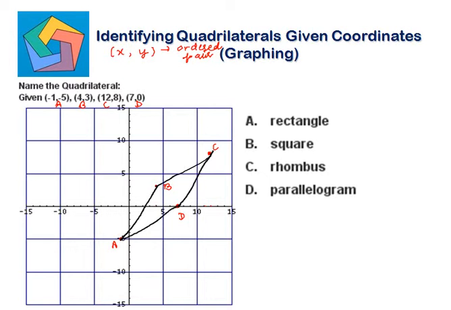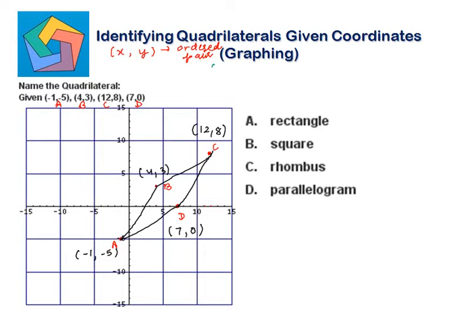So this is the quadrilateral ABCD. A is here (-1, -5), B is (4, 3), C is (12, 8) and D is (7, 0). Now, in order to find the lengths of these sides, we need to use the distance formula.